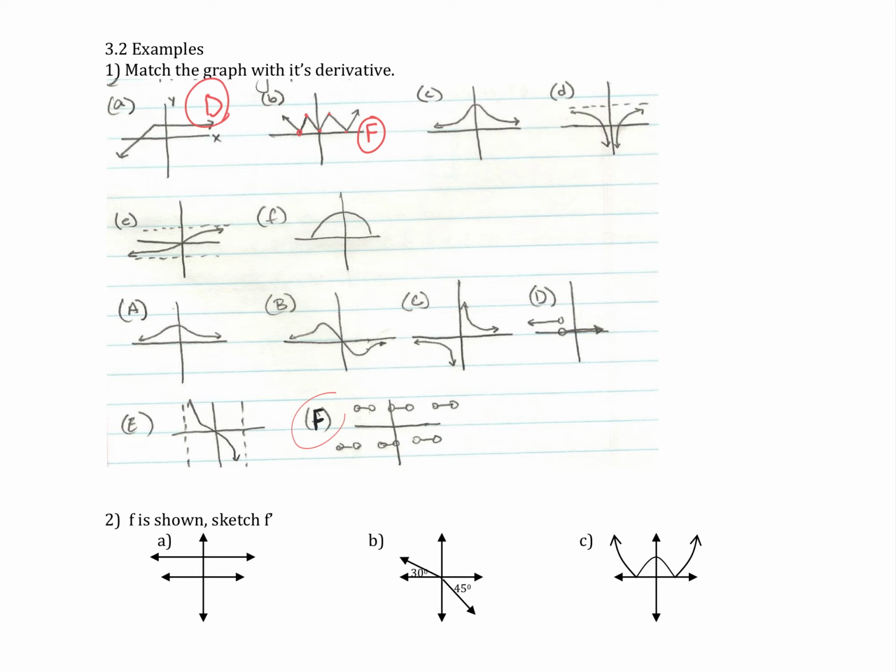Remember, I've already used D and I've already used F, so from what I have left, I need to find what goes horizontal, increases, then goes horizontal. This one is definitely not it. This is a horizontal tangent with an increase, but I need to be at zero, so that one is out.